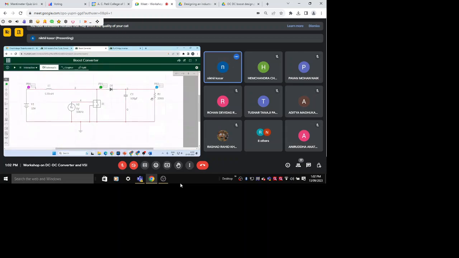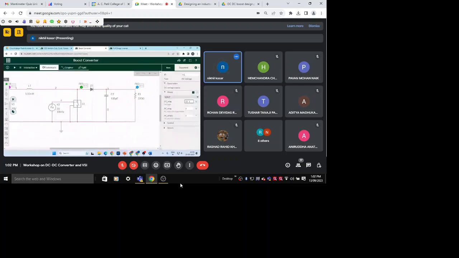So I just entered the values which were designed and calculated: inductor 0.8, capacitor 10 microfarad, frequency 7.5.